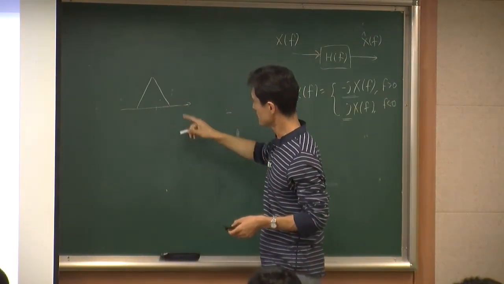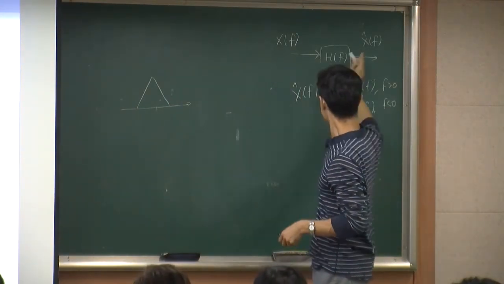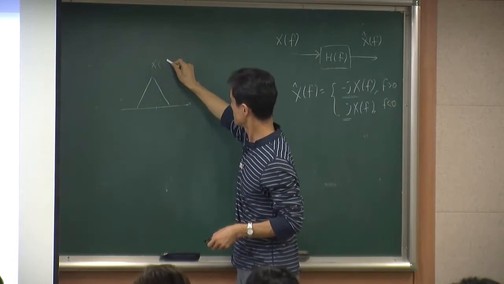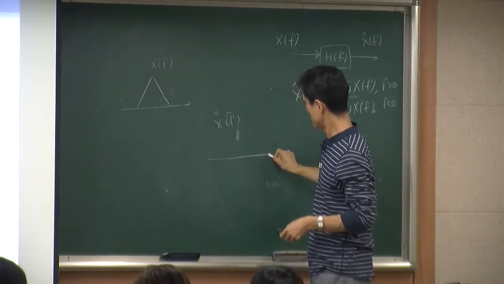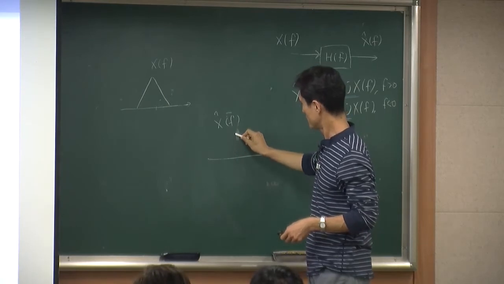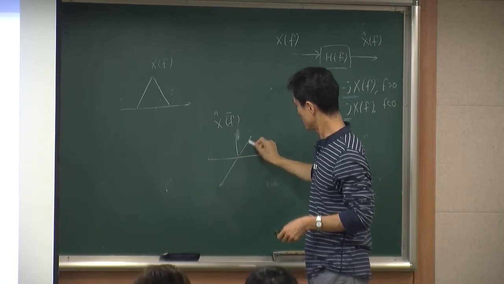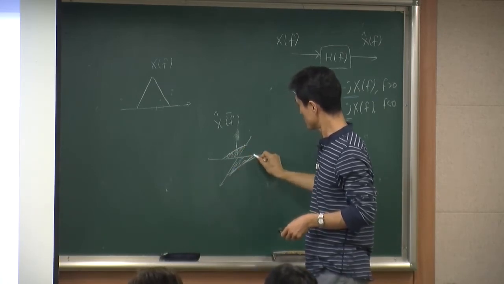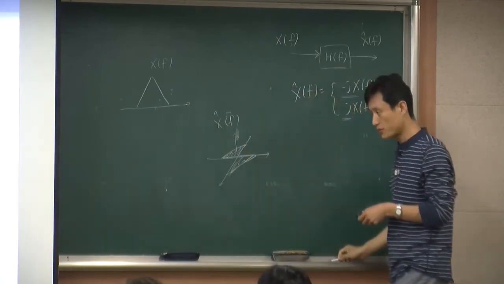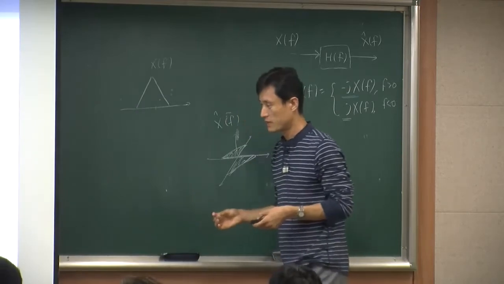X F looks like this, and we put that into the Hilbert transform. Now, the output of the Hilbert transform looks like this, right? That's the output. That's what you can see here, right? That's the output of the Hilbert transform.